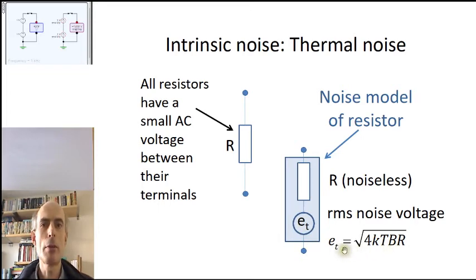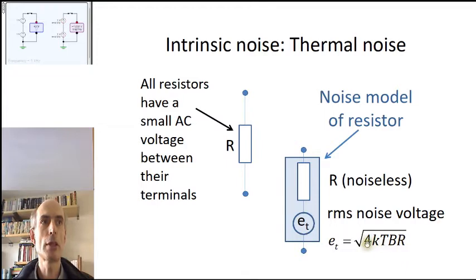That's in RMS volts, the square root of 4kTBR. K is a constant known as the Boltzmann constant, about 1.38 times 10 to the minus 23. T is the absolute temperature in degrees Kelvin. B is the bandwidth in hertz, and R is the size of the resistor itself in ohms.